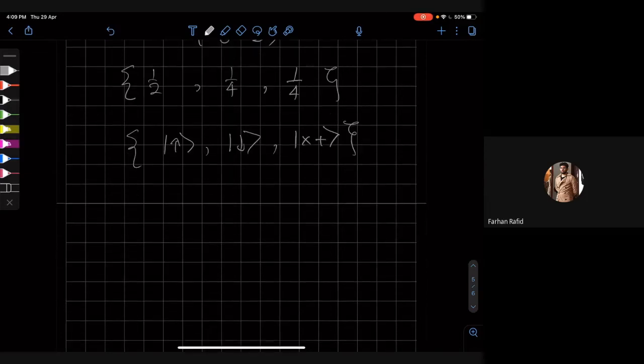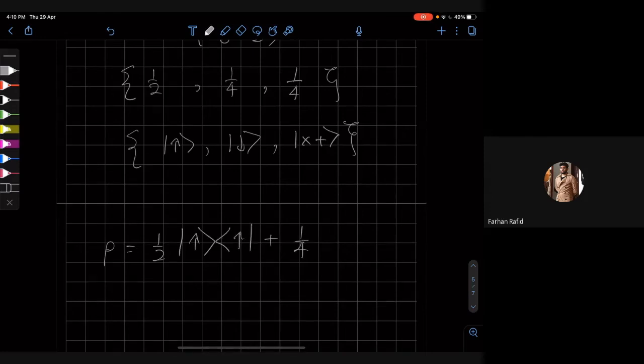Then what is the density matrix? Well, then it is half spin up plus 1/4 spin down, and then 1/4 x plus x plus.